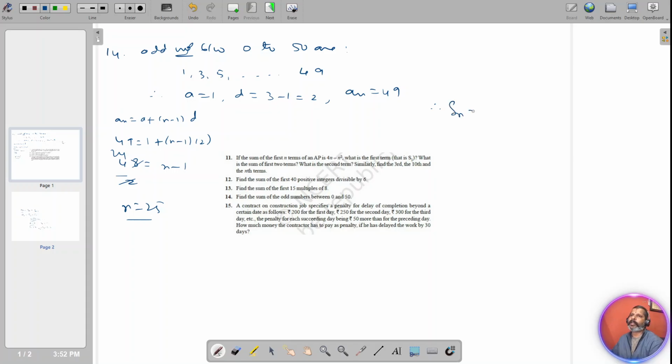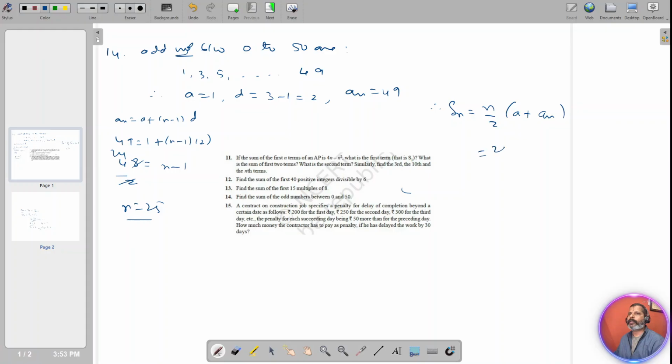Therefore, Sn is equal to N by 2 into A plus An. This formula we can use because we have An available, N is available, A is available. Just substitute and get the answer.